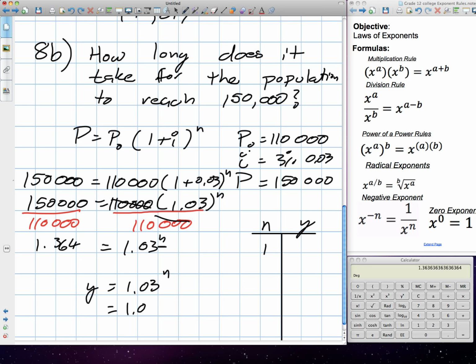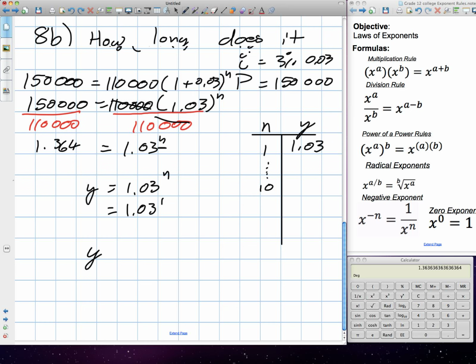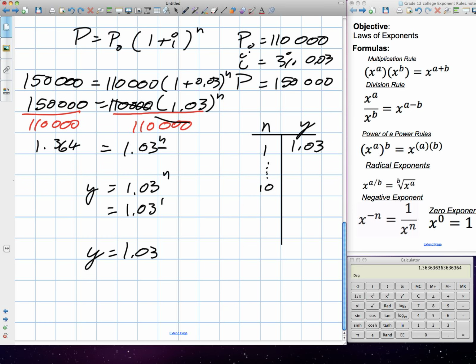So we're going to jump up a few more. Let's go up to 10. See what that gives us. Y equals 1.03 to the power of 10. Oh, wow. Oh, no, that's not exactly it. Good. I almost got confused there. Thought we guessed right on the first try. 1.343.